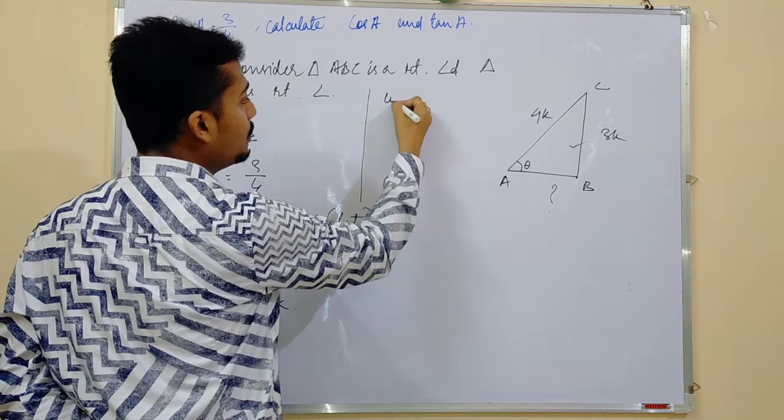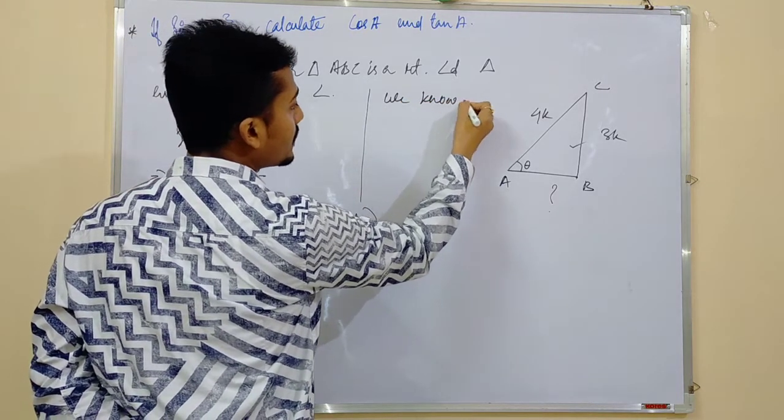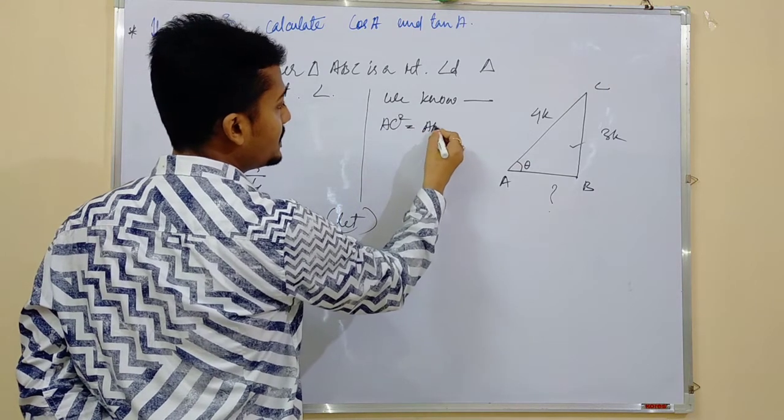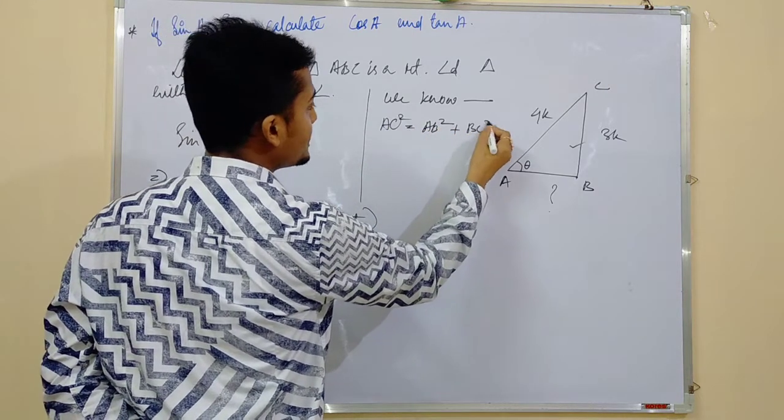So we know AC square is equal to AB square plus BC square.